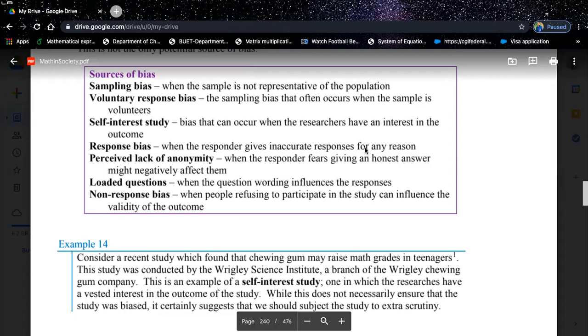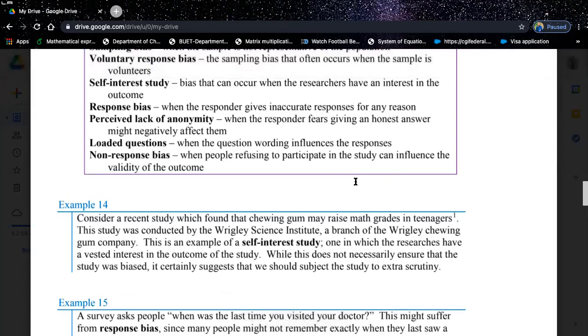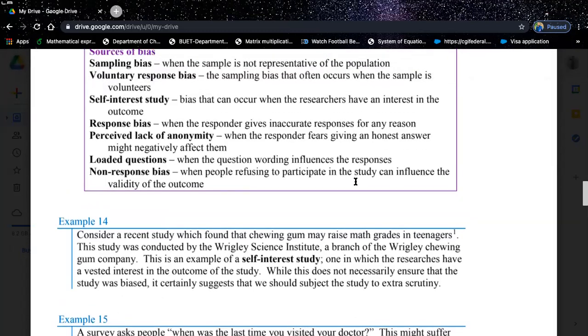This is an example of a self-interest study, one in which the researchers have a vested interest in the outcome of the study. While this does not necessarily ensure that the study was biased, it certainly suggests that we should subject the study to extra scrutiny. Now, does it make sense?